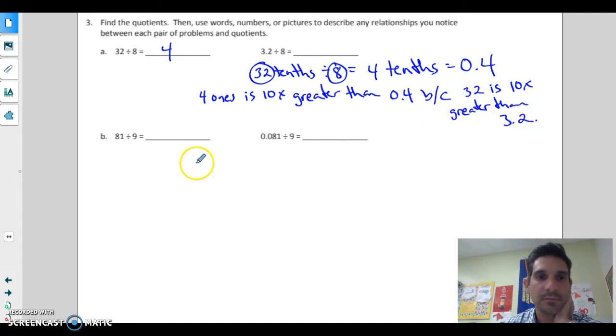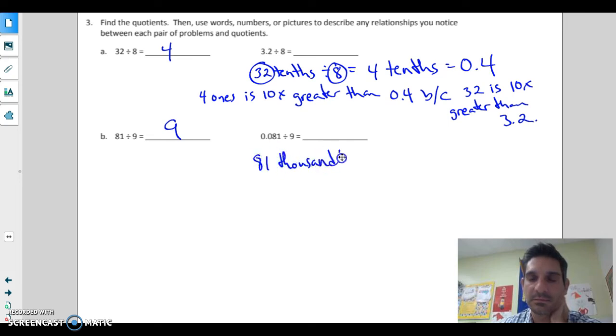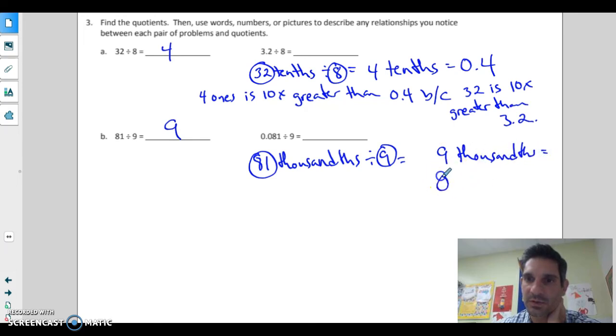Okay? Now what's 81 divided by 9? Well, that's 9. So now this is 81 thousandths divided by 9. So I'm going to do 81 thousandths divided by 9. Well, 81 thousandths, what's 81 divided by 9? It's 9. So it would be 9 thousandths, which is equal to 0.009.